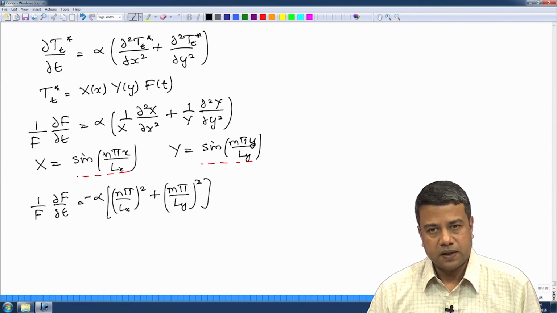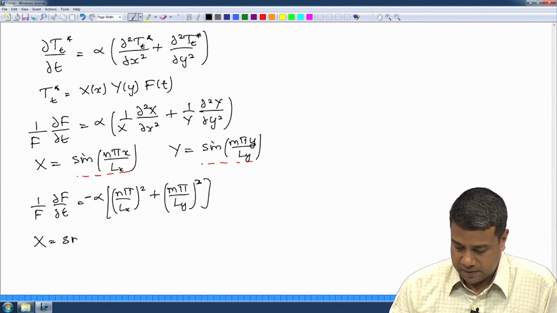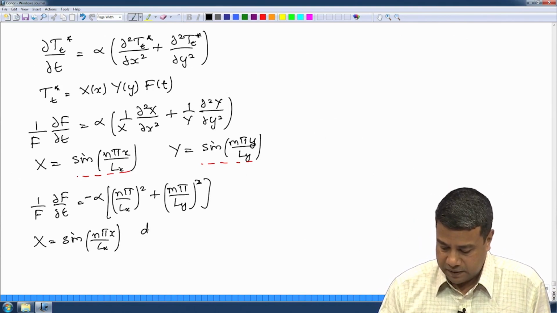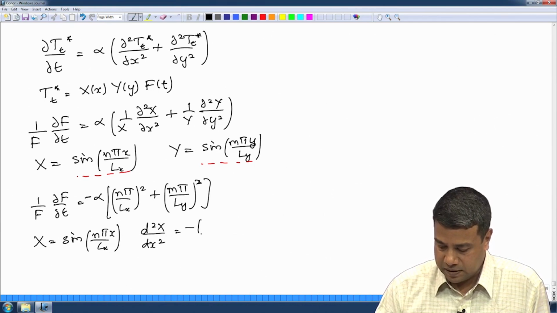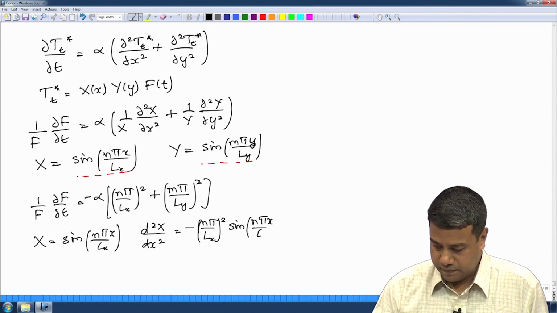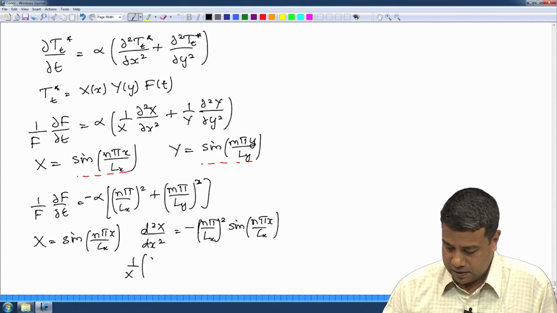Why the negative sign? If I take this function X is equal to sine of n pi x by Lx, and I take the second derivative, d square X by dx square is equal to minus n pi by Lx the whole square times sine. Therefore, 1 by X d square X by dx square is equal to minus n pi by Lx the whole square.